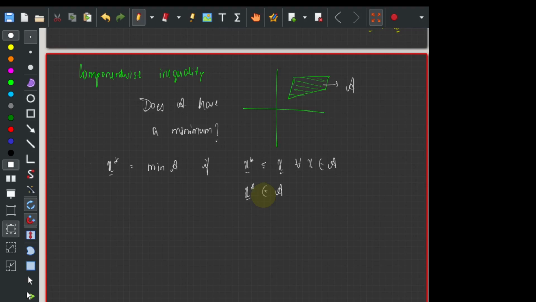So not every pair of points within A could be comparable with each other, but you can compare x star with every single element in A, and x star is less than or equal to every single element in A. If something like that exists, then I call that the minimum.